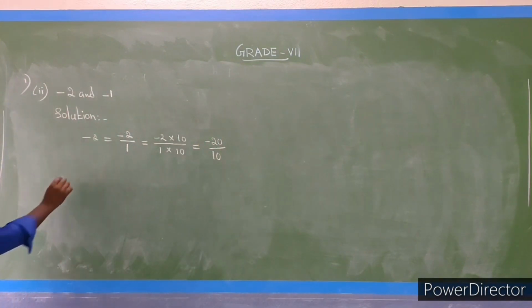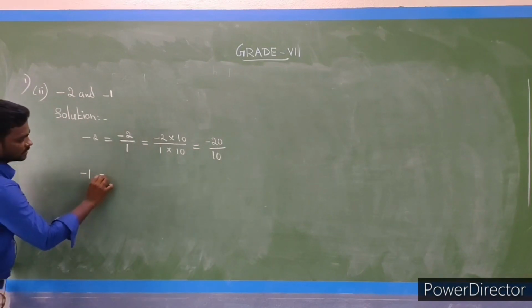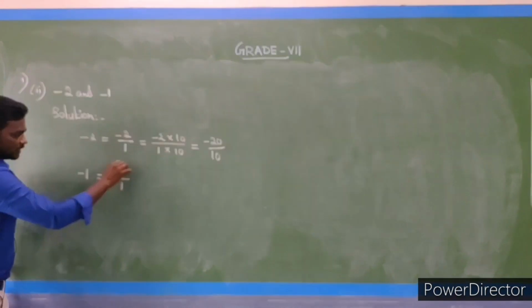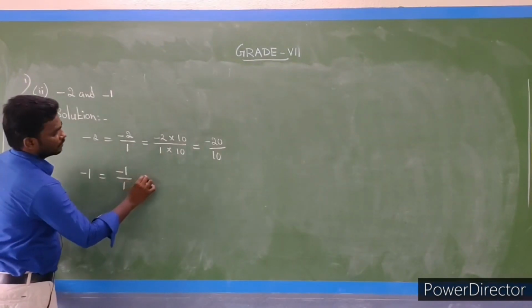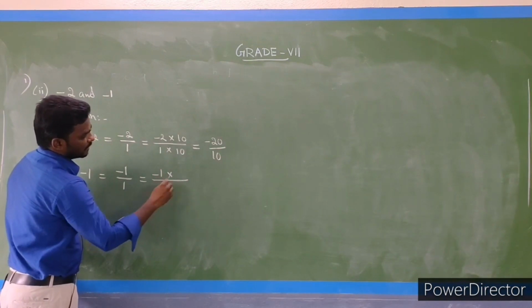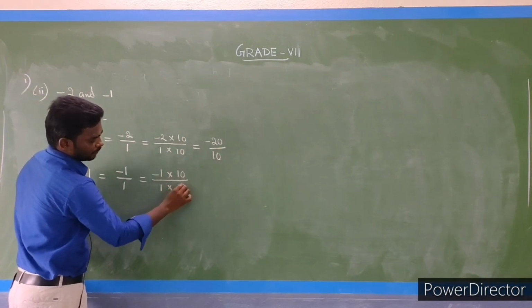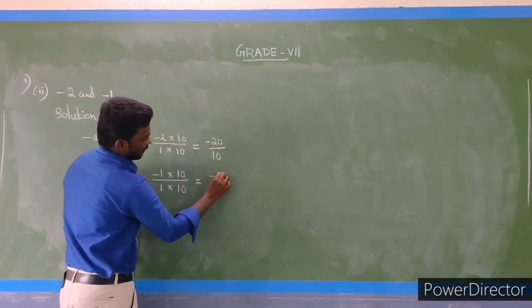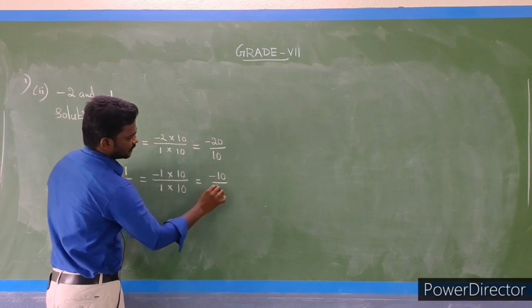Next, minus 1 can be written as minus 1 divided by 1, which is equal to minus 1 by 1 multiplied by 10 by 10. Minus 1 into 10 is minus 10 divided by 10.